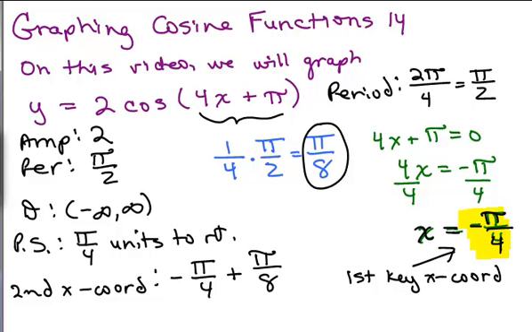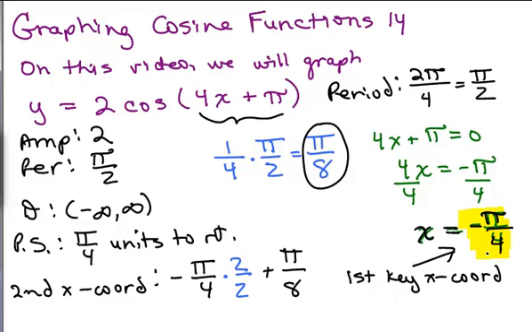So I'm going to need to get a common denominator, which is going to be 8s. So I'm going to leave a little room here to show you that. If I go times 2 over 2 plus pi over 8, hopefully you see that's negative 2 pi plus pi. So it's like a negative 2 plus 1, or a negative 1, or a negative pi over 8.